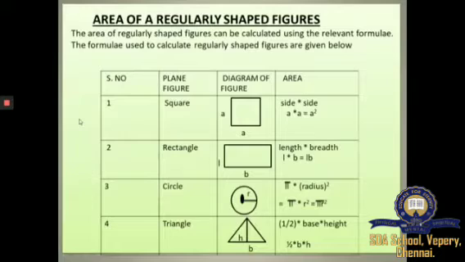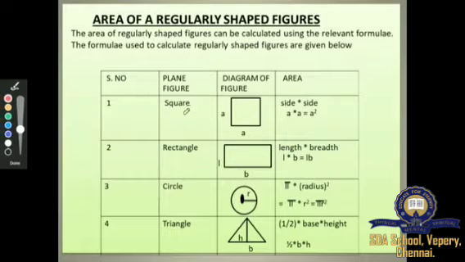Area of regularly shaped figures. The area of regularly shaped figures can be calculated using the relevant formulae. The formulae used to calculate regularly shaped figures are given below. If you take a square of side A, then the area will be side into side, which is A into A, which is equal to A square.